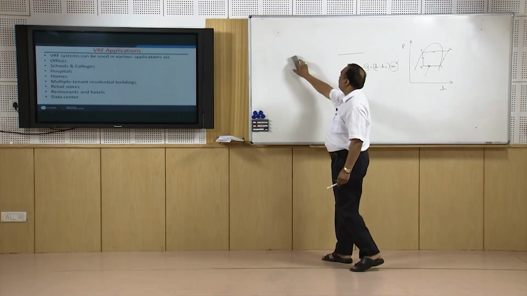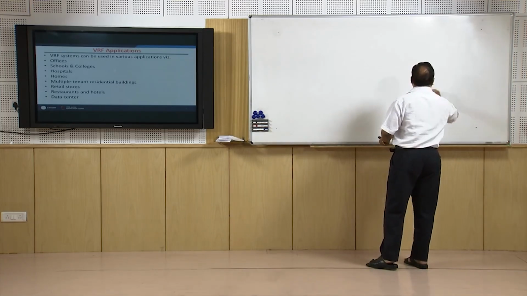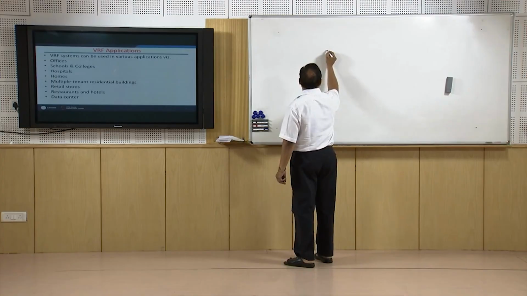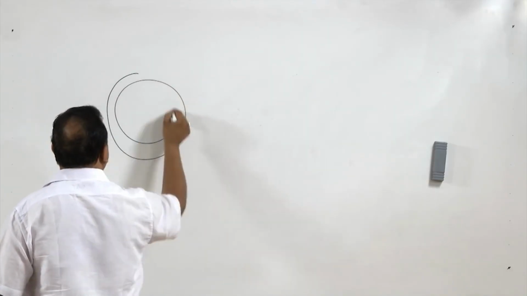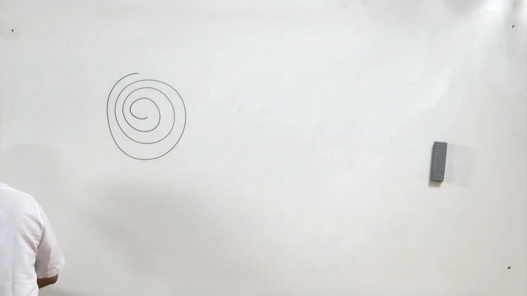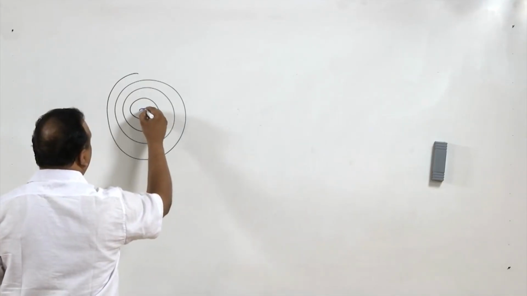Now in variable refrigerant flow system, scroll compressors are used. Scroll compressors are nothing but spirals. There is one spiral, and in the scroll compressor there is another spiral.